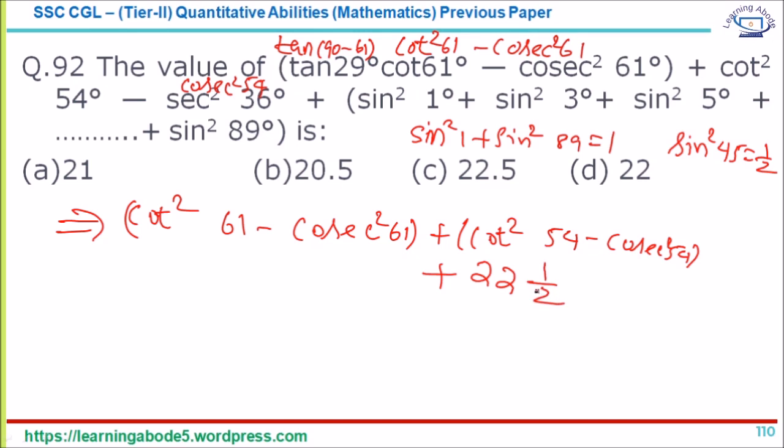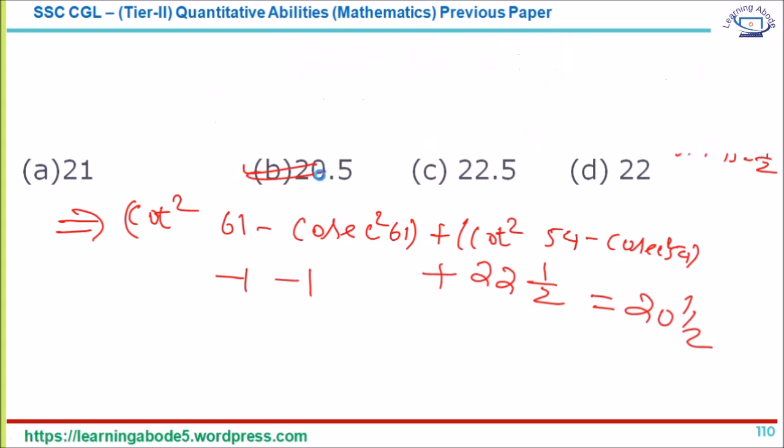Okay, 22 plus half, and this is minus 1 and minus 1, plus 22 and a half. You would lead to 20 and a half. That's answer option 20.5, answer option B for question number 92.